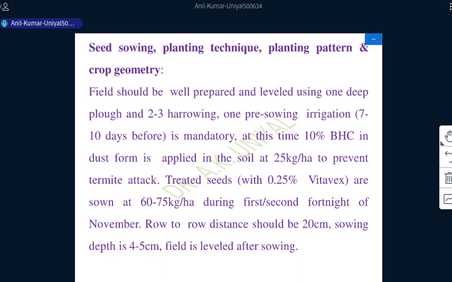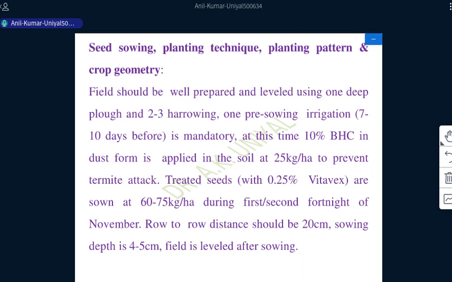Then seeds treated with 0.25% Vitavax are sown at 60 to 75 kg per hectare during the first or second fortnight of November. Or the timing of seed sowing could be determined on the basis of locality also.